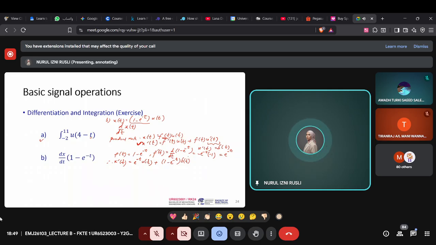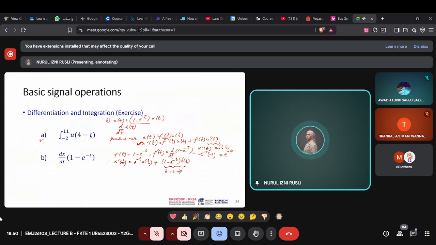So multiply by the delta impulse at 0. This term is at t equal to 0, so you need to replace t with 0.